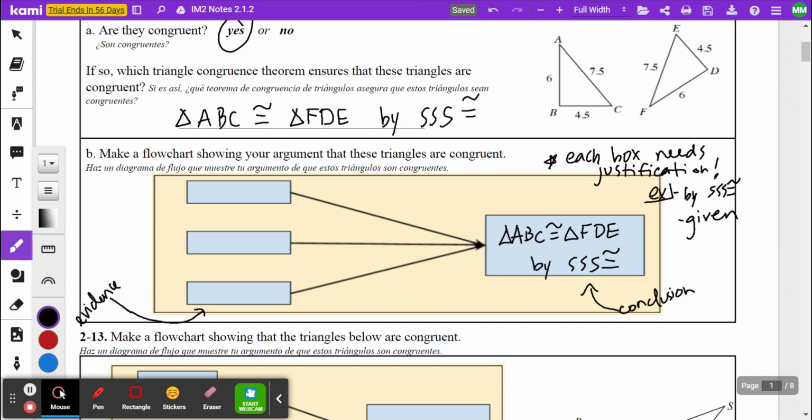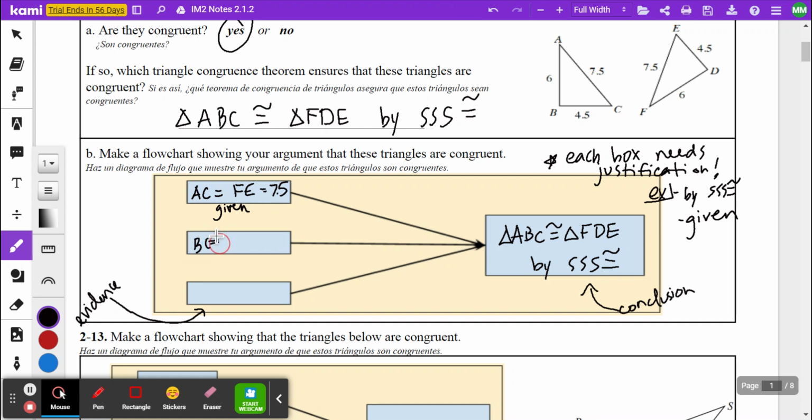So what are the side, side, sides? How can I claim that? Let's do AC. Side length AC equals side length FE equals 7.5. That is given. Given is my justification, and my statement is that the side lengths are equal. All right, BC and ED are equal.